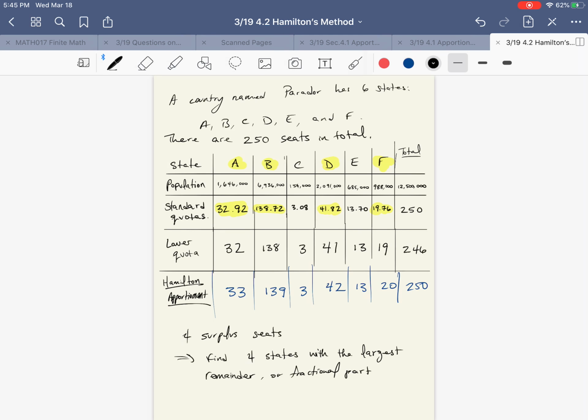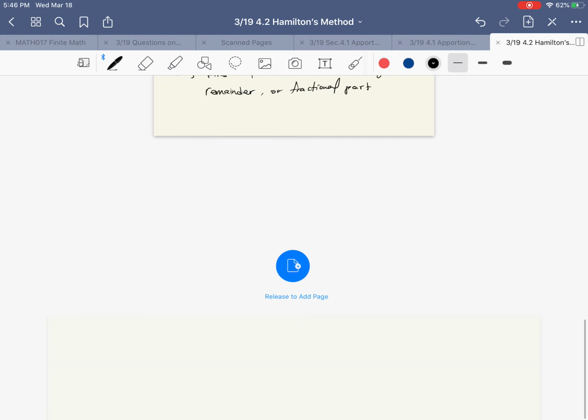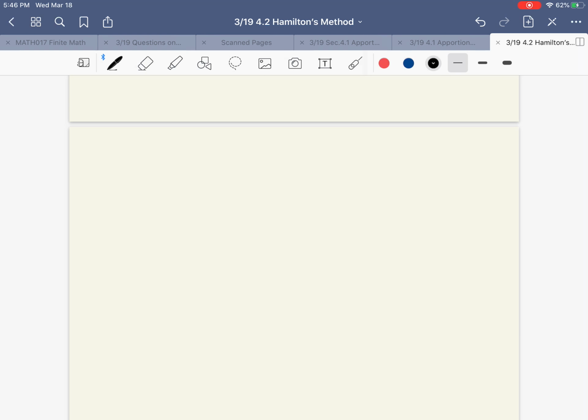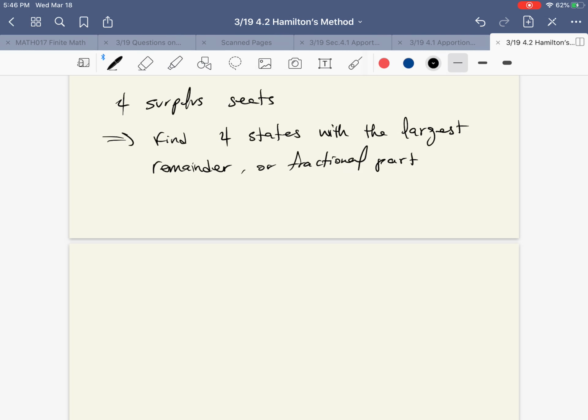But then if we have a method for giving away those extra seats, and a method that does that in a seemingly fair way by taking the largest fractional parts of each of the states, well, it just seems like a logical explanation to me, and it seemed like a logical explanation to most of America until about 1911, when somebody noticed something called the Alabama paradox.